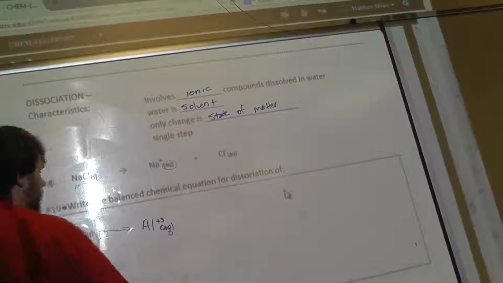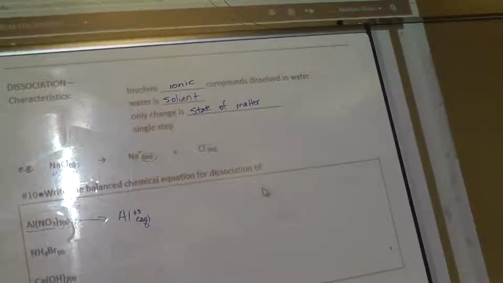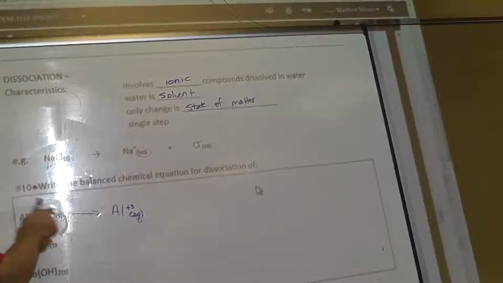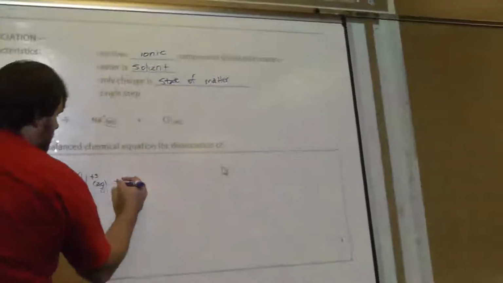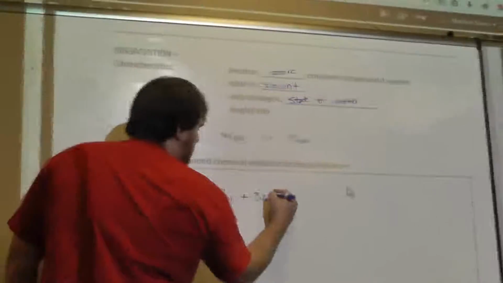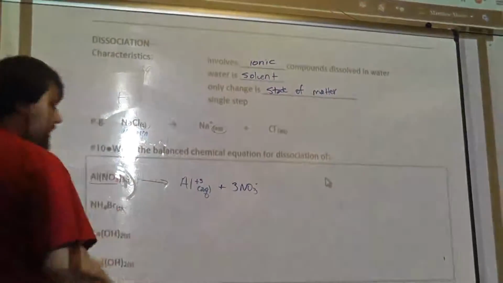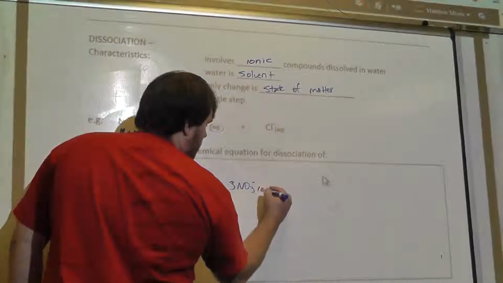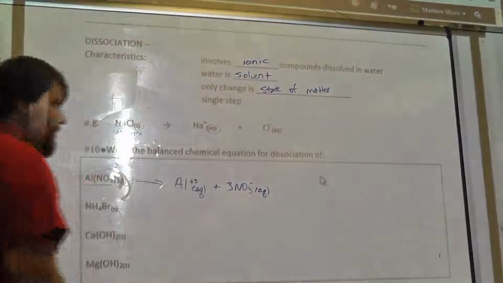Once it has a charge, it's an aqueous salt. Now you've got 3 of these nitrates to keep track of. The easiest way is, when you break them into one piece like that, you bring that 3 back in front of that nitrate, and that's going to stay aqueous.